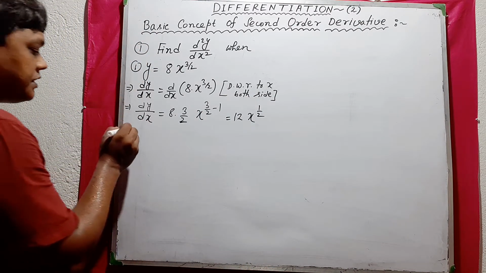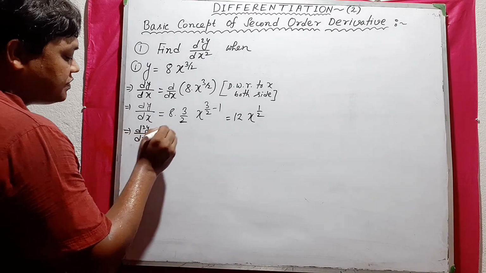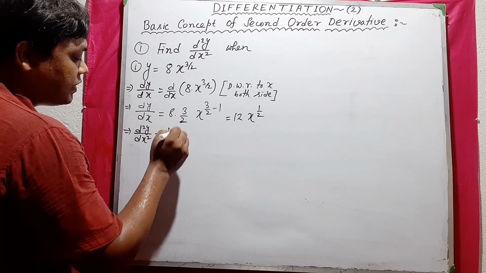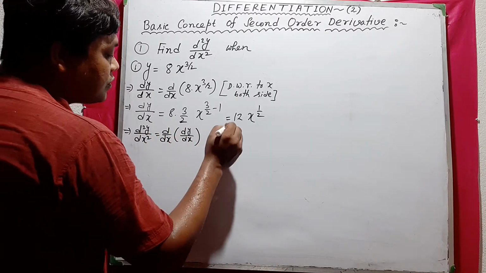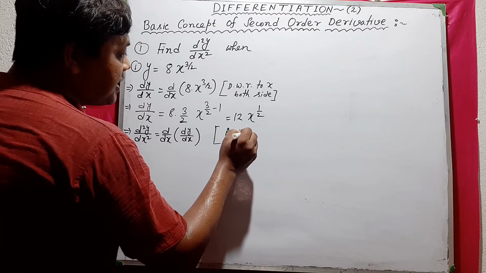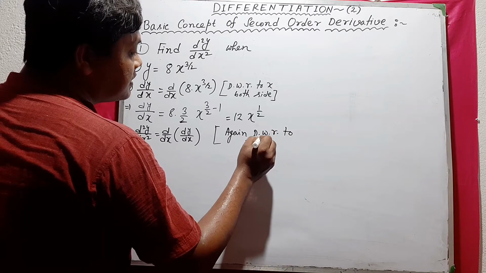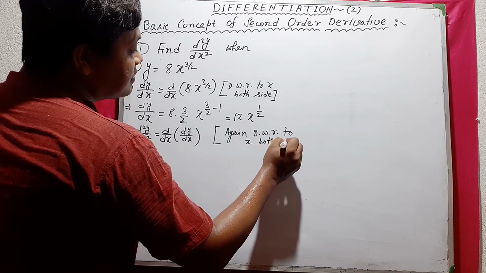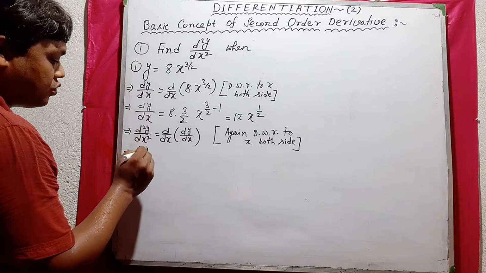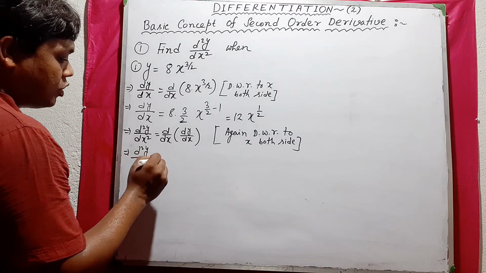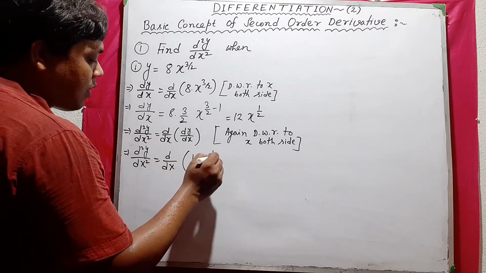So now d2y/dx2 equals d/dx of dy/dx, okay? So again differentiate with respect to x both sides. So d2y/dx2 equals, we have already calculated, 12x to the power half.